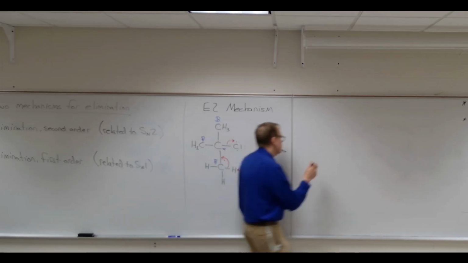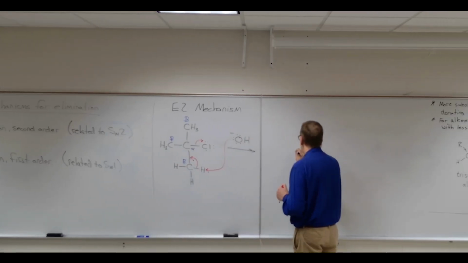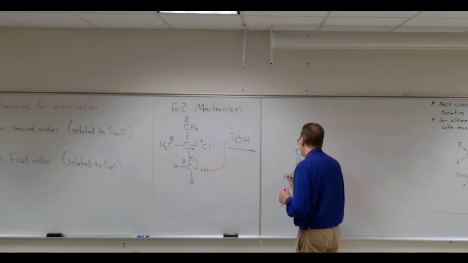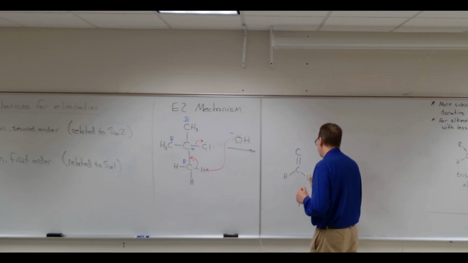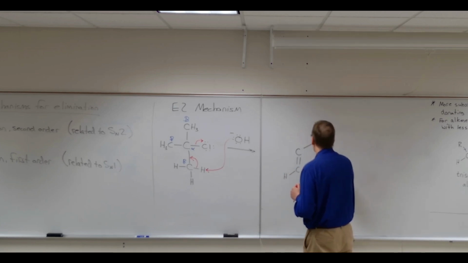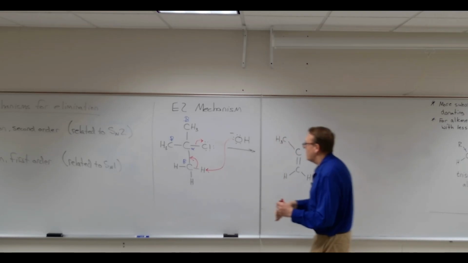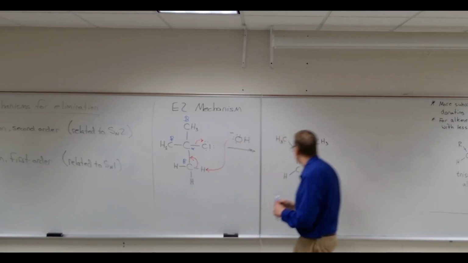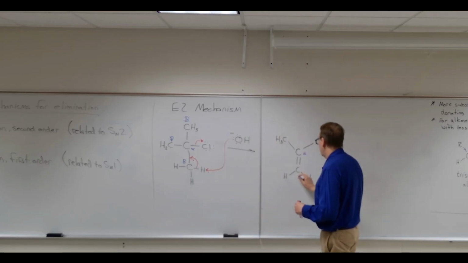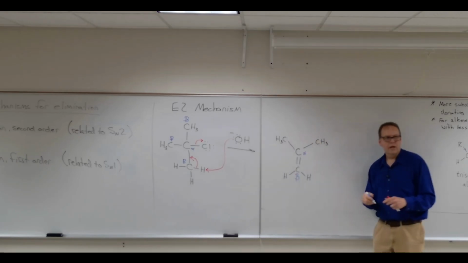And the product that comes out of this is an alkene that's formed between the alpha and the beta position that was deprotonated. So here's the alkene product. Alpha position was here, beta position was there. These were also beta positions that didn't react.